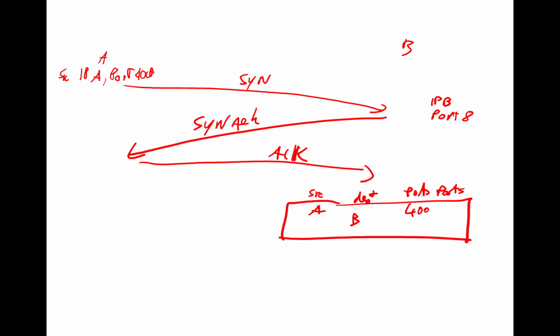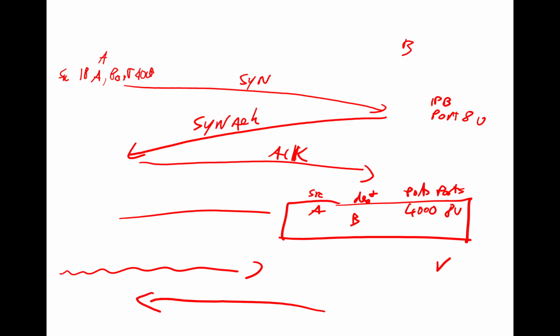The next time, after some time, a message goes out and it has the same pattern, then we can accept it as established, and if B sends us something back, then we can also accept it as part of an established connection. And previously, let's say B is sending to A something from port, I don't know, 50,000 to port 4,000. At this point, it might be accepted because there's an established connection.